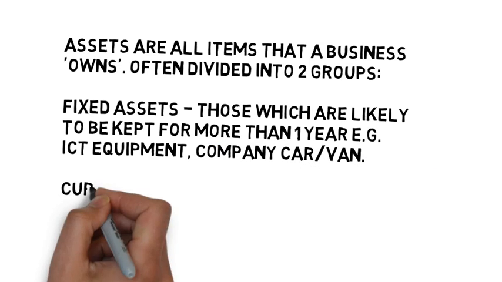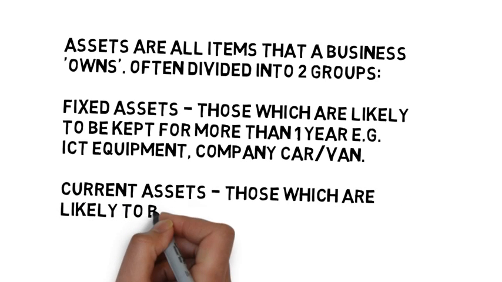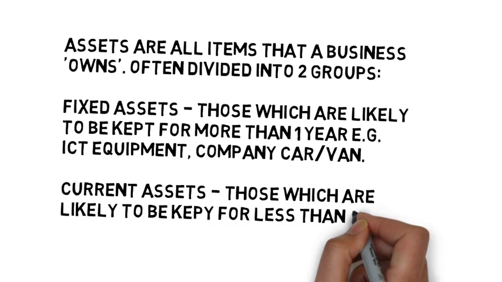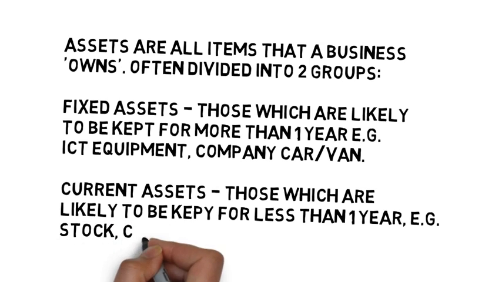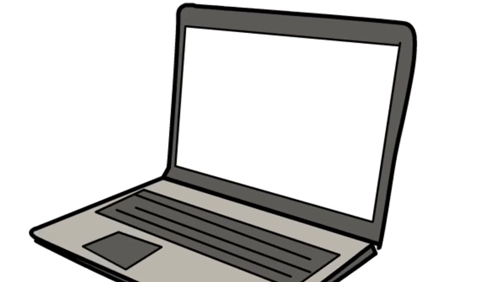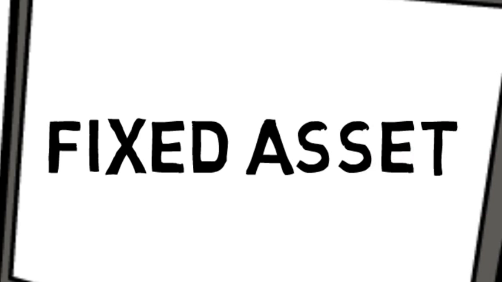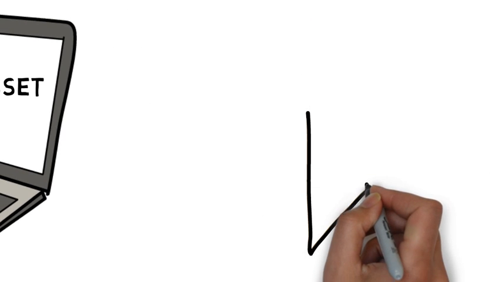Fixed assets do not move, they do not leave the organisation particularly quickly. They are items that the business owns and expects to keep for more than 1 year. IT equipment, company car, a delivery van.